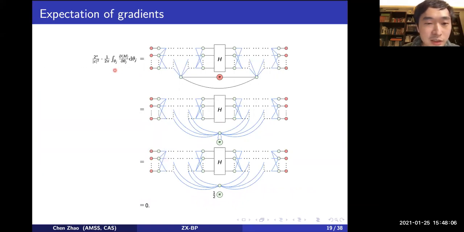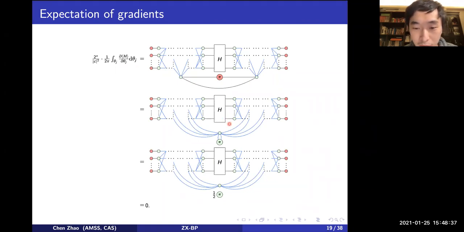So let's consider the integration over theta j. Because we take the partial derivative on theta j, there will be an X spider with phase pi. Then we take the integration over theta j. We can connect them with a normal edge and set the phase to 0.